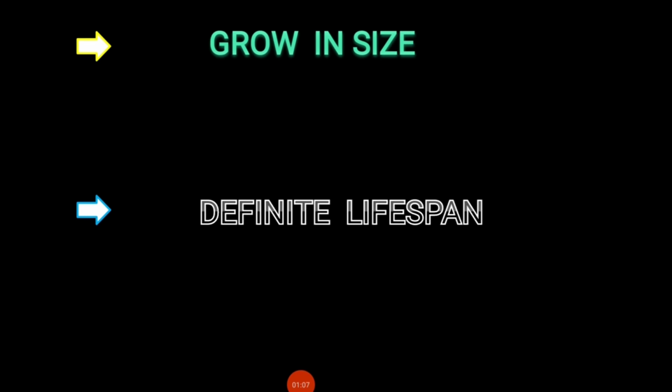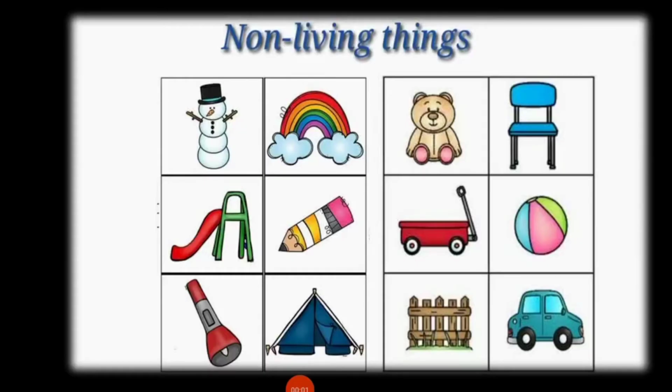Lifespan of an organism is the time period for which it remains alive. It begins with the birth and ends with its death. All the living things have a fixed lifespan.